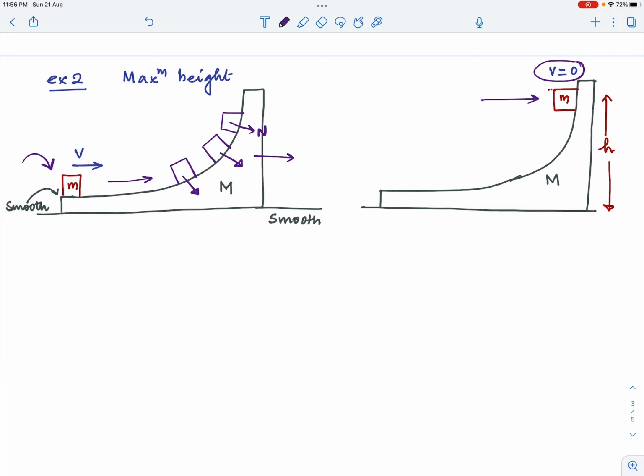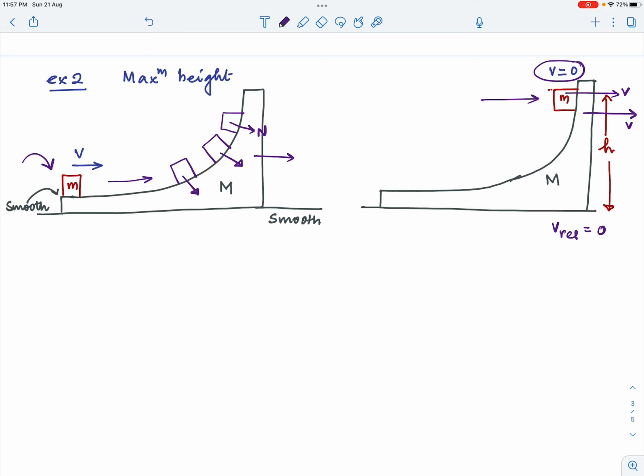Yes, and at the moment where the block is at rest with respect to the wedge, both the block as well as the wedge will be moving with the same speed along the horizontal, because they are in contact with each other at all times. So, once we understand that the horizontal velocity of small m will be the same as horizontal velocity of capital M at the moment when the block reaches its highest point, we understand that V relative will go to 0 at this point.